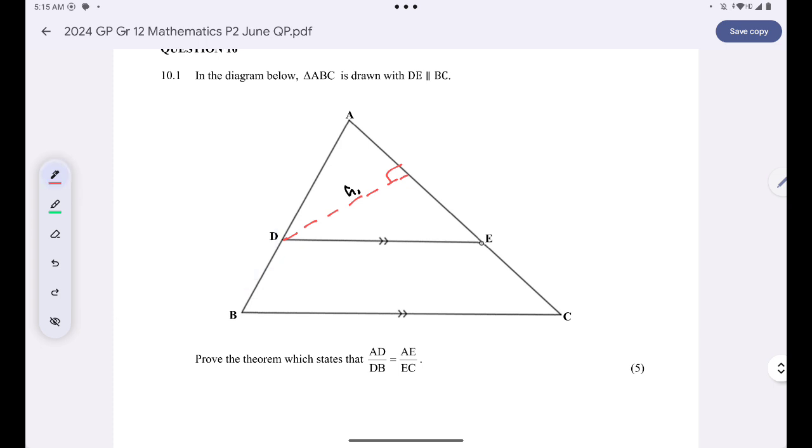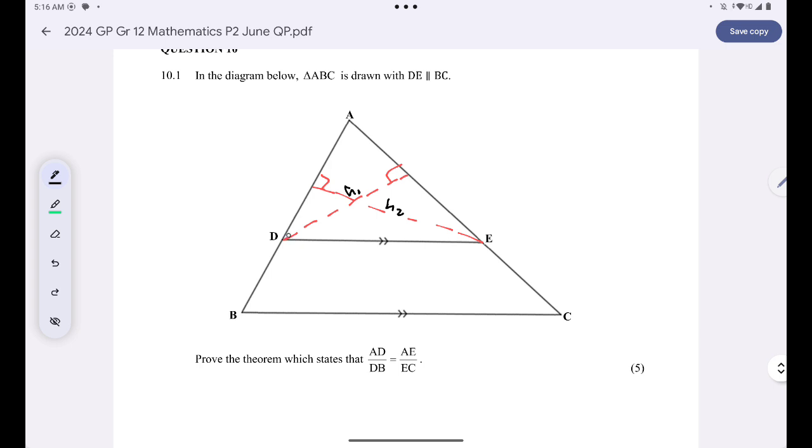Another height you can construct is this one. It has to be perpendicular to the side of the triangle as well, right? And you can call it H2. Are you together?